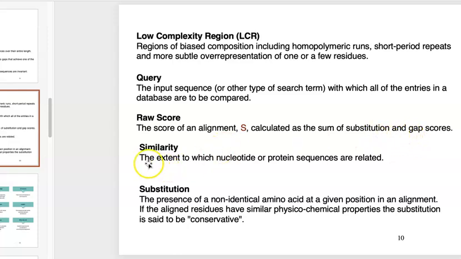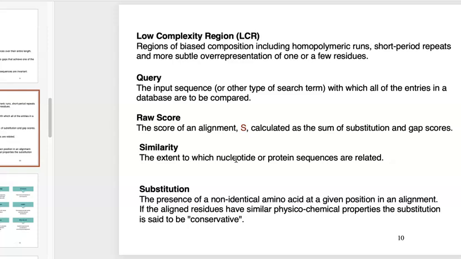Similarity is a little different than identity. It's the extent to which nucleotide or protein sequences are related. When you're comparing amino acid sequences, amino acids fall into groups, polar amino acids versus non-polar amino acids.